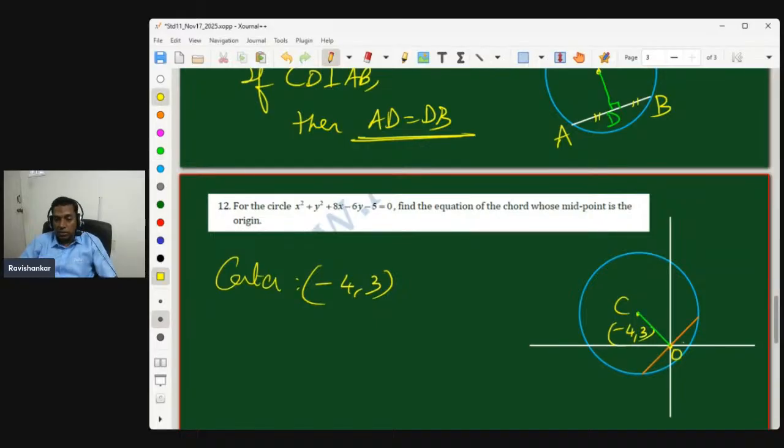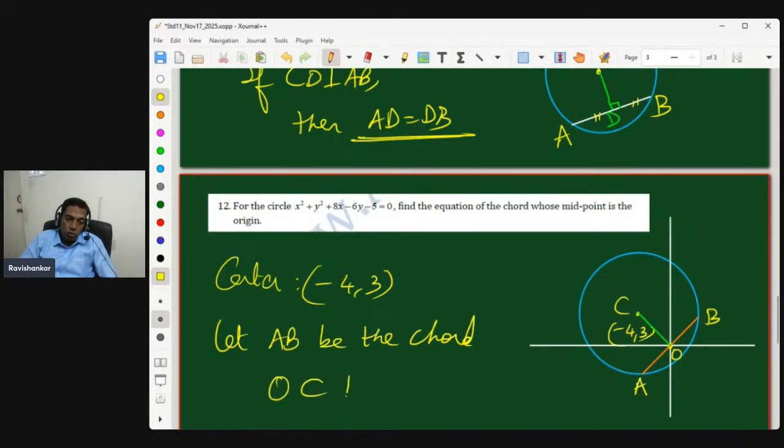So if the chord is AB, OC is perpendicular to AB. This is the big idea.